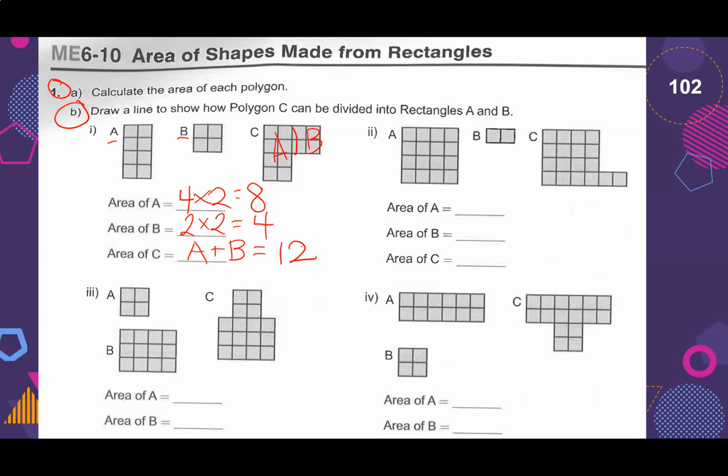These shapes are small enough that we could count the squares to verify our answer. Here I can see that yes, there are 8 squares, 4 squares here, and a total of 12 squares in shape C. Now I would like you to try part 2, 3, and 4.